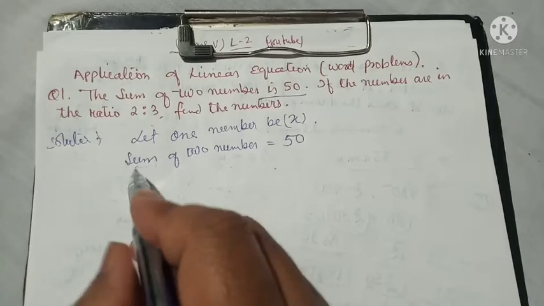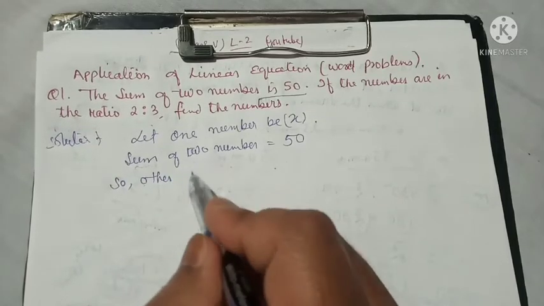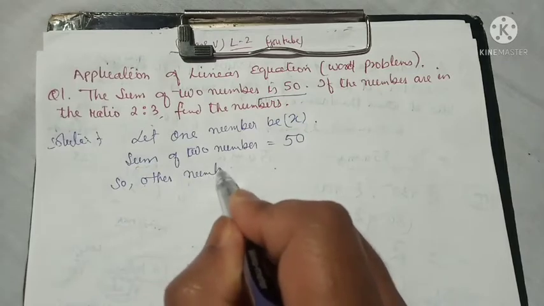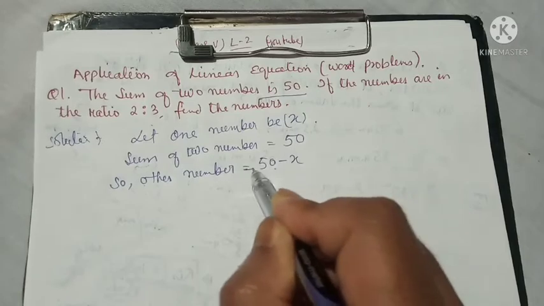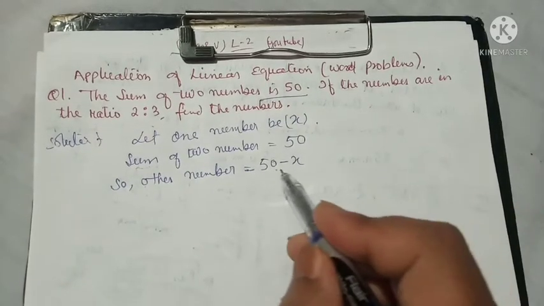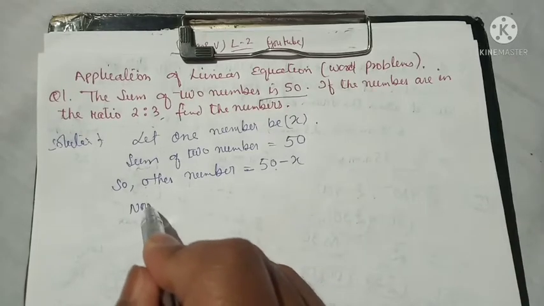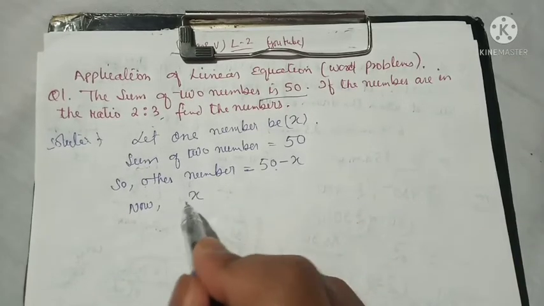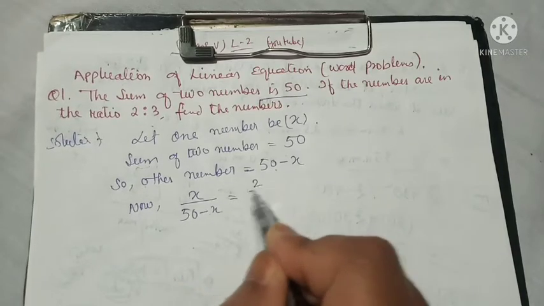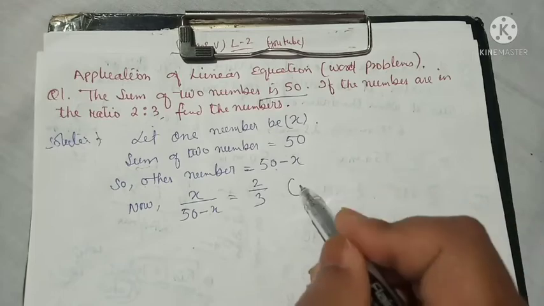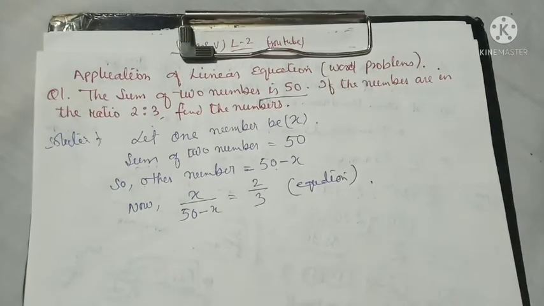If you want to find the other number, it will be 50 minus x. Now x by 50 minus x is equal to 2 by 3. This is the equation of the given question.